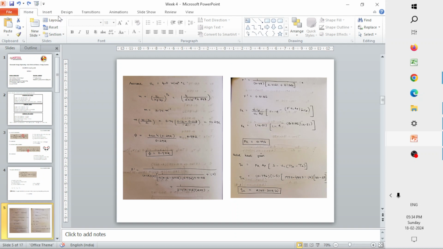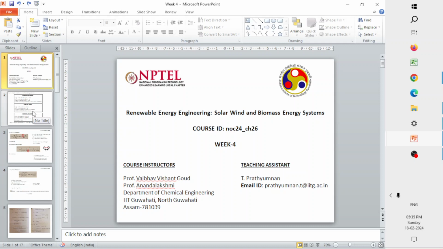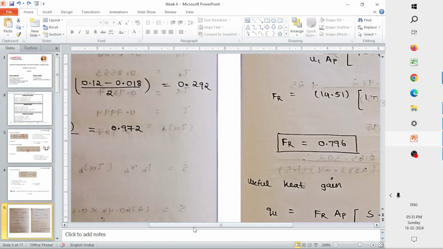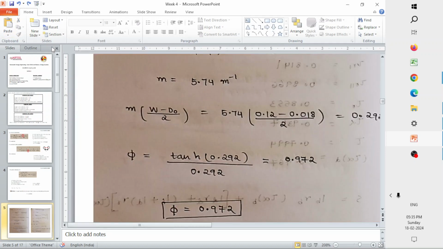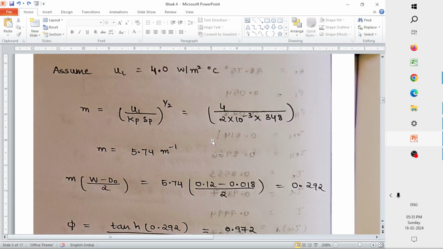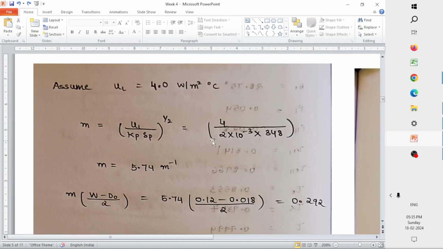Oh, okay, just a second. What about now? I have zoomed in. Is it visible now or is it still not?